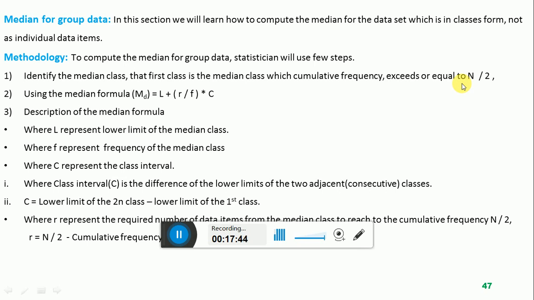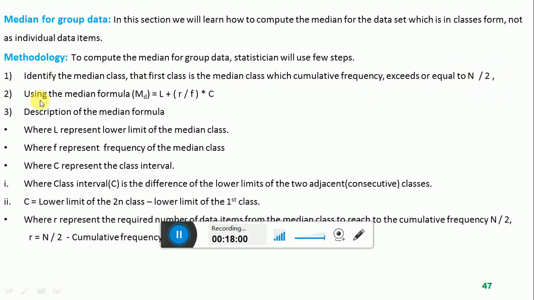I am again repeating: that first class of the entire data set whose cumulative frequency exceeds or equals n over 2 is the median class.